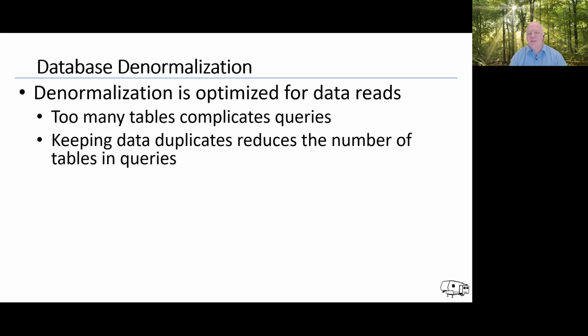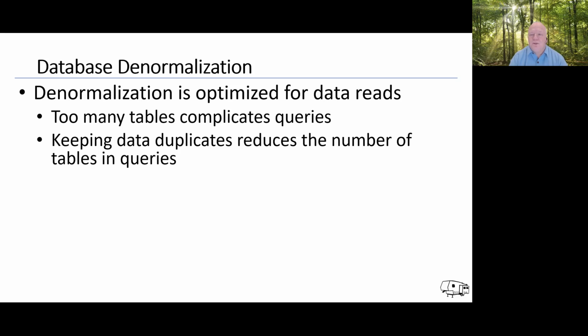So denormalization is really where you want to optimize for data reads. Normalization is great for being able to update data because it helps you to ensure that you have one source of truth for that data and the records are small, so they're updated rather quickly.